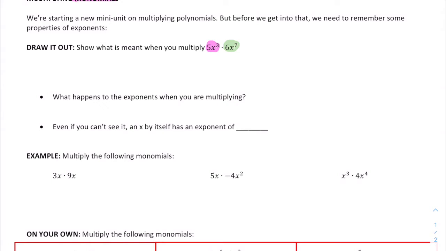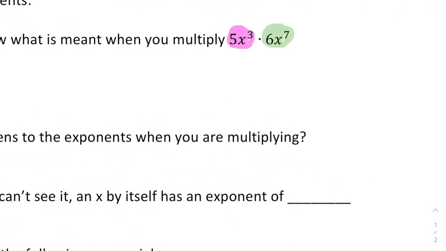All right. So it says show what is meant when you multiply 5x to the third times 6x to the seventh. Well, here's what's meant. So what is meant by that is we are going to multiply the 5 times the 6, and then we are going to multiply the x to the third.